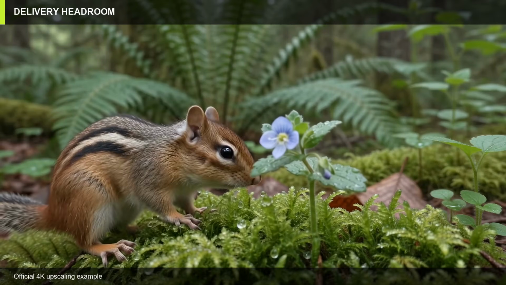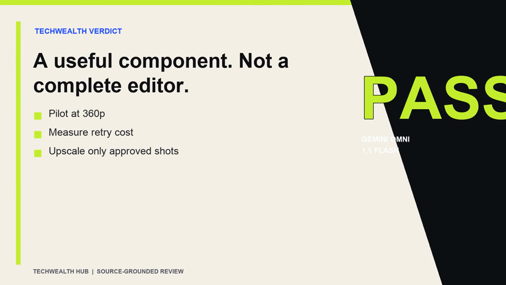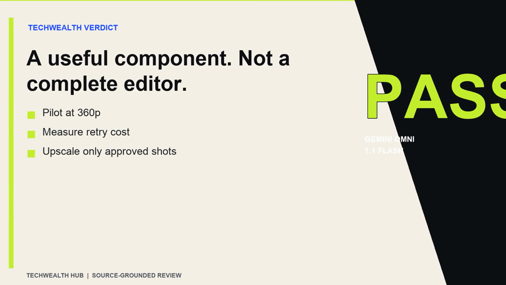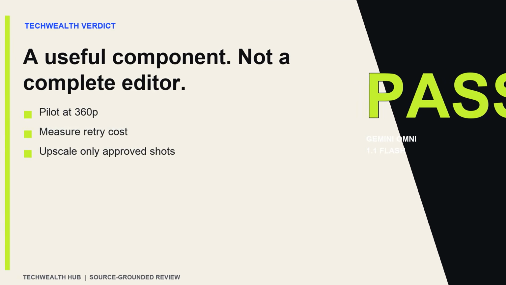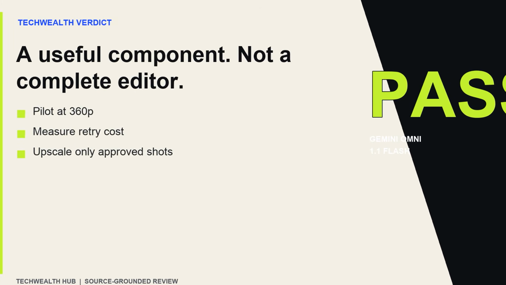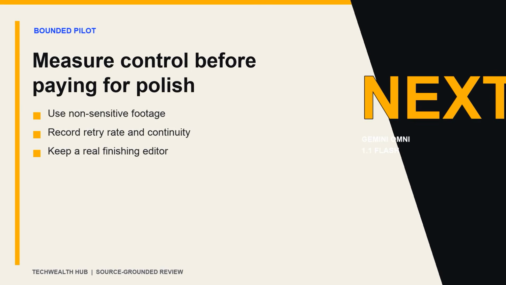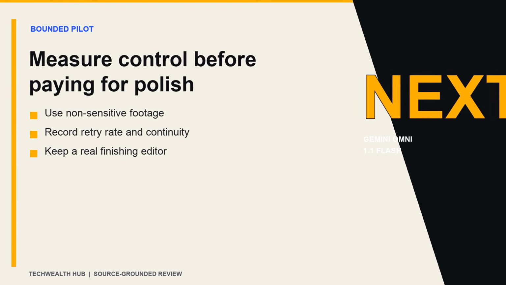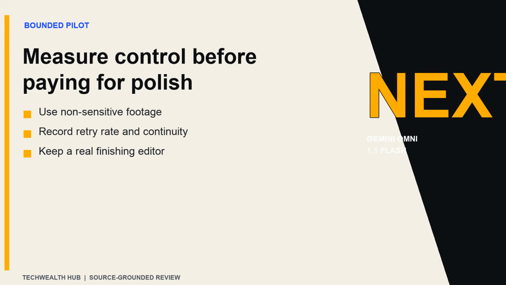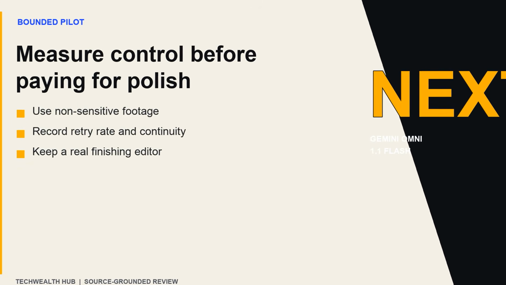For editors who need precise timeline placement, reliable dialogue continuation, perfect text, or repeatable character identity, it is not a replacement for a real editor, and it is not independent production proof. Start at 360p, test the control path with non-sensitive footage, measure retry cost, and reserve 4K for approved shots. The headline is not that Google made a new video model. It is that Omni finally has the controls needed to become a useful component inside one.